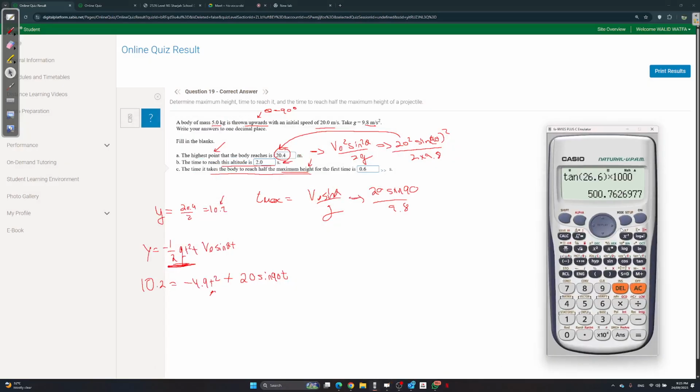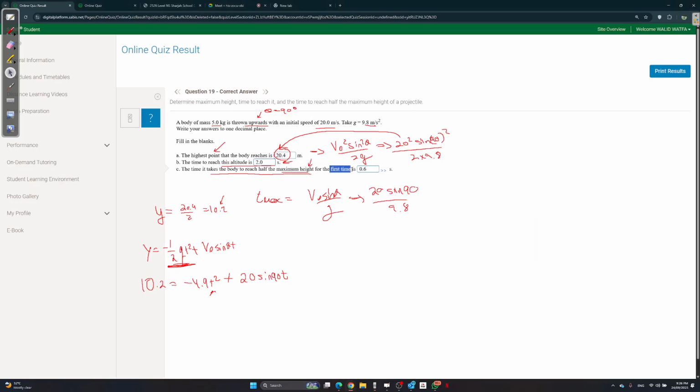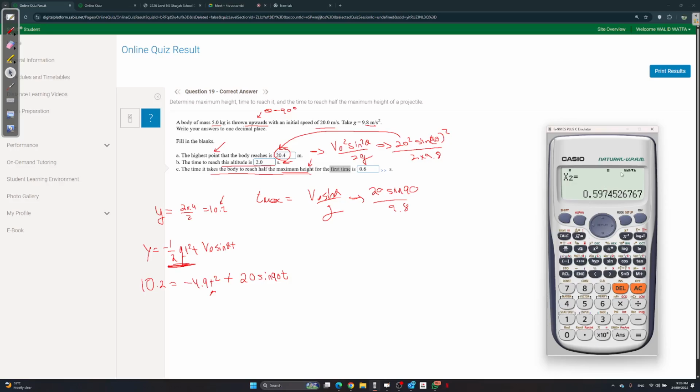Go here, mode 5 3, minus 4.9, 20 sine 90 is just 20, then minus 10.2. So you get 3.5 and 0.6. Which one do you choose? They said to reach it for the first time, so you take 0.6. That's it.